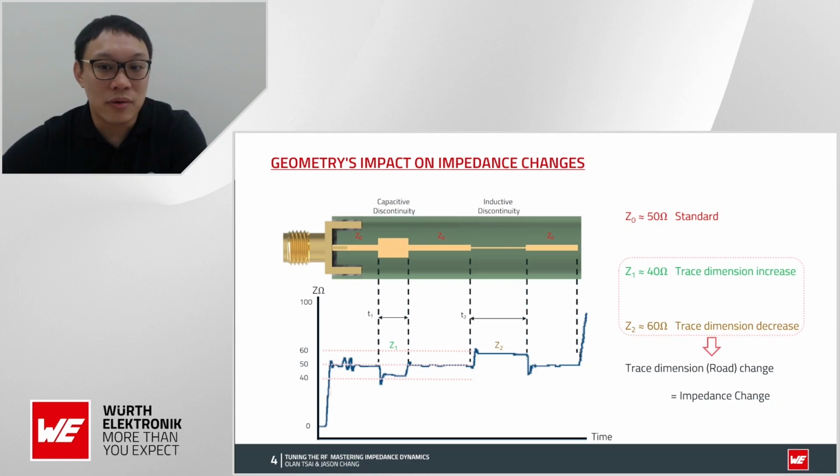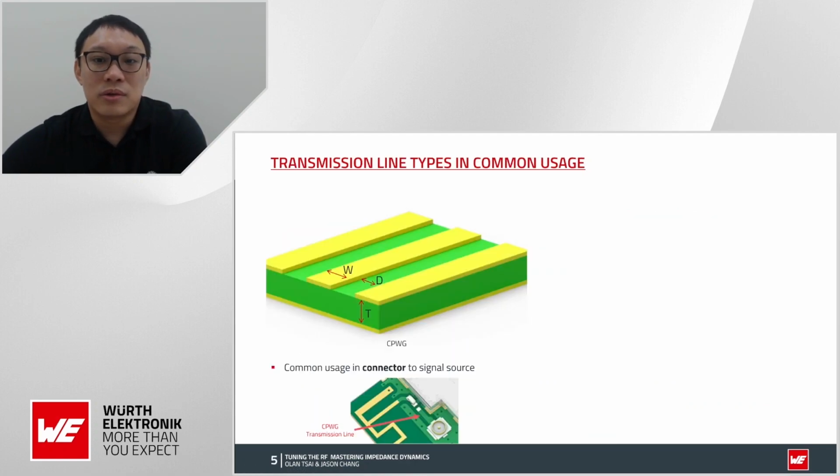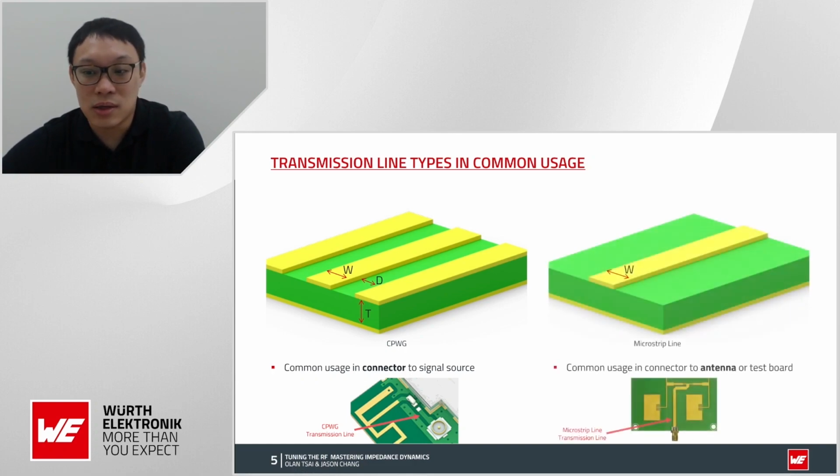So let's speak about the transmission line on PCB. In general, there are two types of transmission line we use commonly. The first one is the CPWG, and the second one is microstrip line. There are some differences between these two designs.